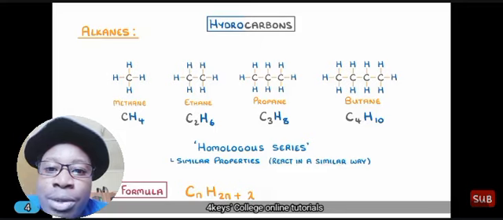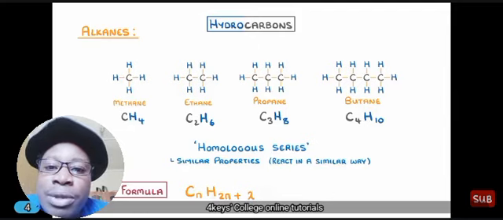So you have the first molecule there, methane, with one carbon, ethane with two carbons, propane with three carbons, and butane with four carbons. Those are prefixes actually representing specific numbers. So meth means 1, eth means 2, prop means 3, but means 4, pent 5, hex 6, etc.